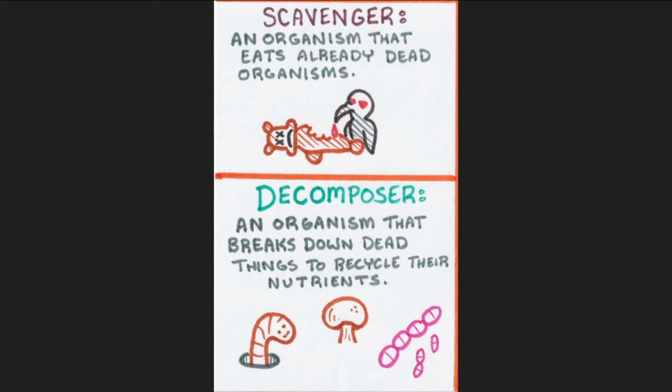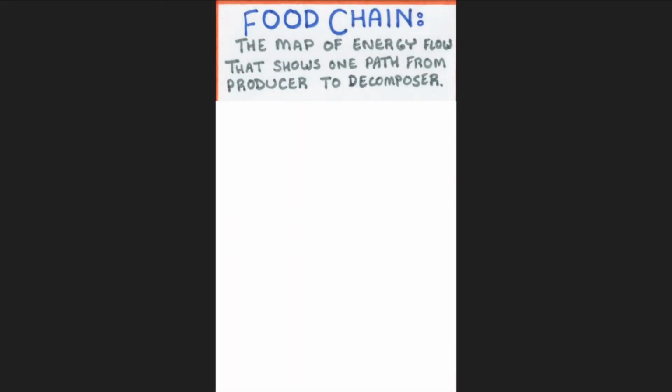And this entire idea culminates in the food chain. The food chain, which is the map of energy flow that shows one path from producer to decomposer. Now you've heard top of the food chain before. The food chain's not an alien concept to you, but it's important to know that the food chain is a great map of how energy flows through the ecosystem.